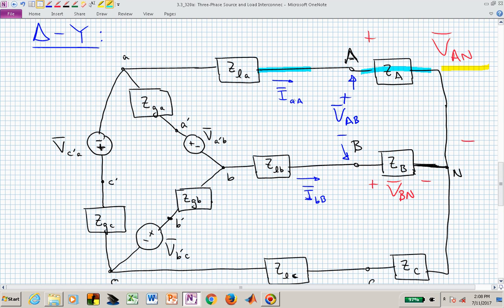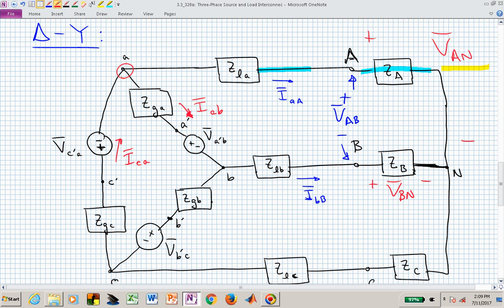But the A phase line current is not the same as the A phase generator current because of this node, and we see then that the transmission line A phase current consists of this I sub AB and this current, which would be I sub CA.